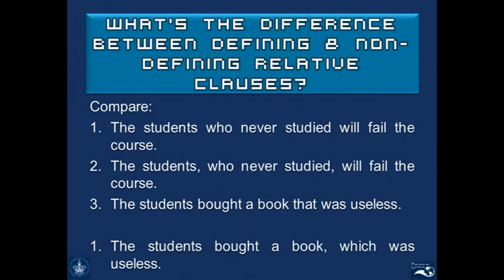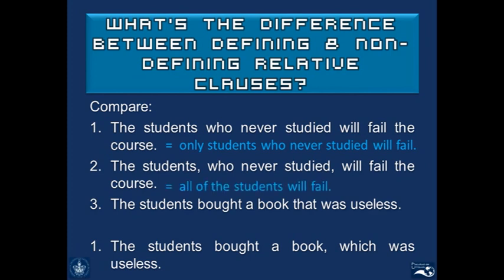Now, what's the difference between defining and non-defining relative clauses? Let's compare these two pairs of sentences. In the first case, the students who never studied will fail the course. We can see that the meaning is that only the students who never studied will fail. However, in sentence number 2, when we say the students, who never studied, will fail the course, we are saying that all of the students will fail.